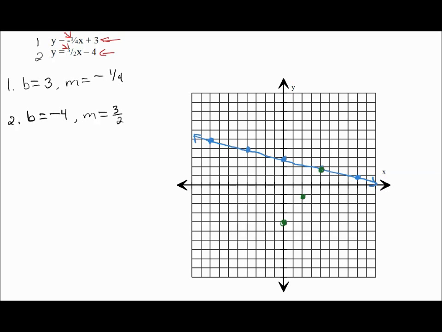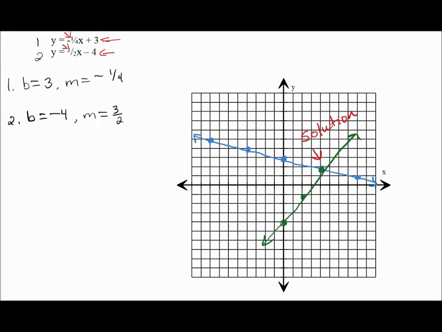And here you can already see what my point of intersection is going to be. And I'll draw my line through. Try to go as straight as I can. Okay. Now where the two lines intersect, I'm off just a smidge because I was not able to use a straight edge. That's my solution. So now in order to write what the solution is, I just need to get this ordered pair.